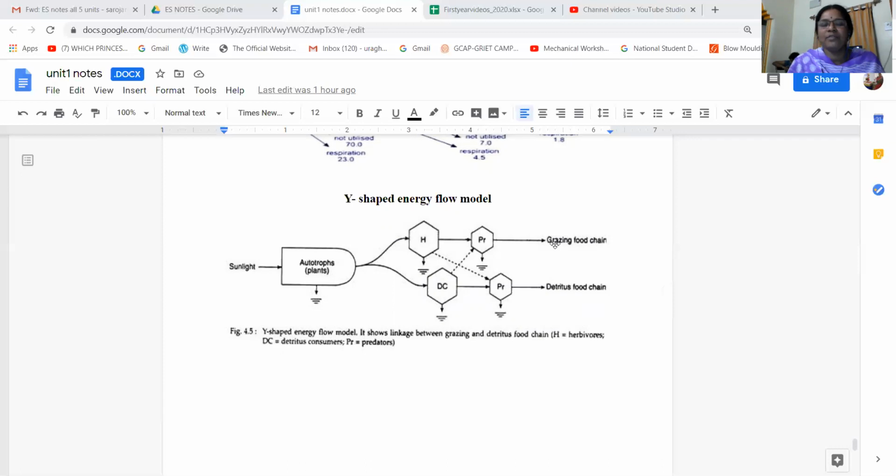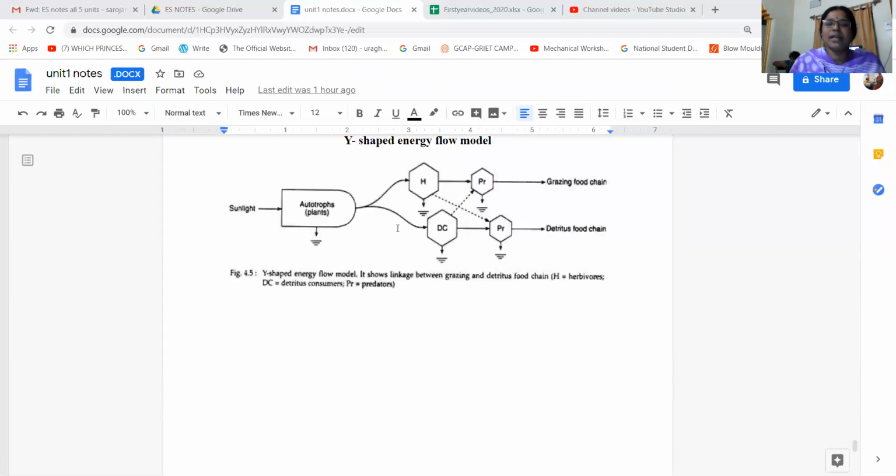Grazing means which depends upon grass, like insects or grasshoppers, birds, deer, or whatever it may be. From this, fox, owl, human, etc. All this comes under this one. This is detritus, which is nothing but dead organisms. So like this, there is transformation from one to another. Hence, this is a Y-shaped energy flow diagram.